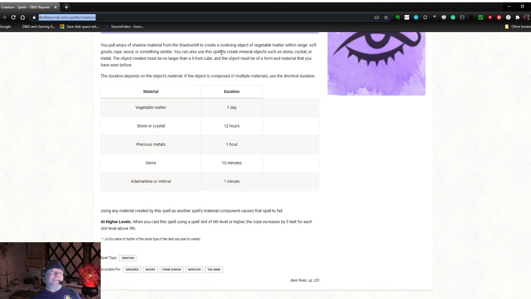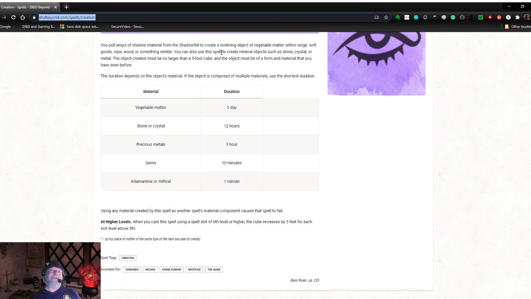Stone or crystal, I don't know what you'd use that for. Maybe you'd make a stone and lay that across a pit or something like that, and walk across the pit, and then 12 hours later it would disappear.